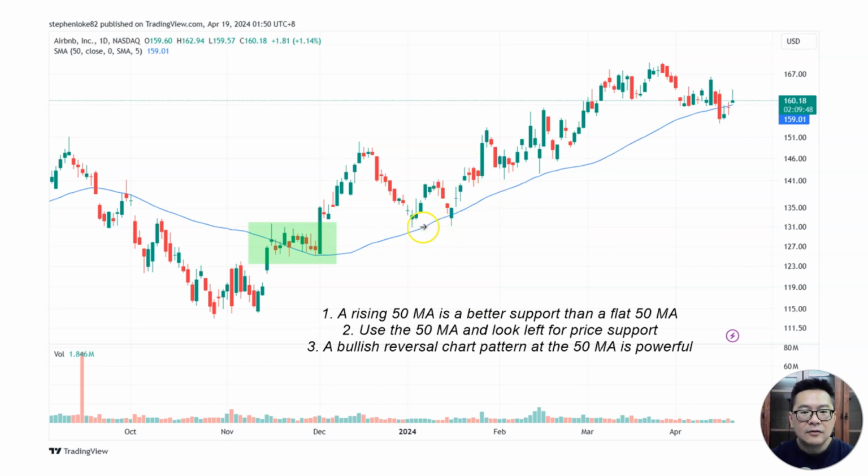So when a stock drops to a subjective support, the 50 MA, and there is price support on the left, and there is a double bottom formation, well, it's a high probability trade. If you buy here, you have 3 technical concepts supporting it. That's why the stock goes up.